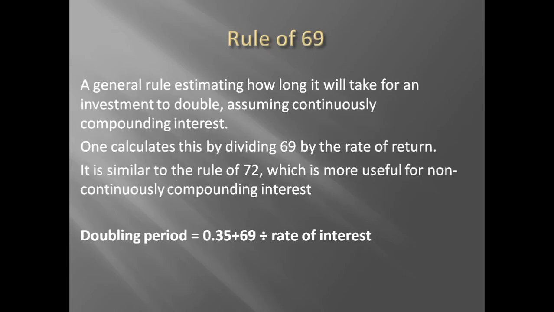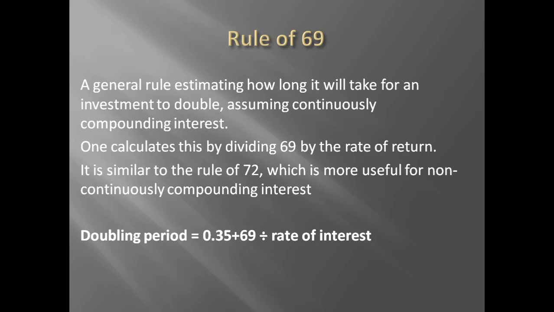Now, the rule of 69 is also one method to find out the doubling period required for an investment. It is a general rule for estimating how long it will take for an investment to double, assuming continuously compounding interest.